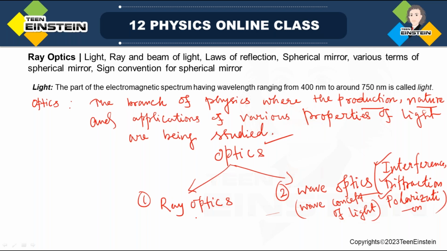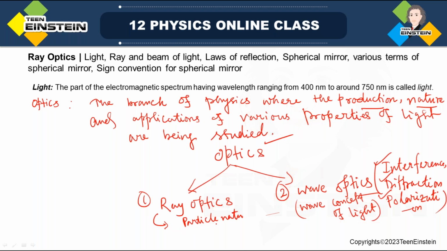So here in ray optics, we'll take up two properties. Ray optics is developed on two basic ideas. One is the corpuscular model or the particle concept of light, which was further developed by Sir Isaac Newton.